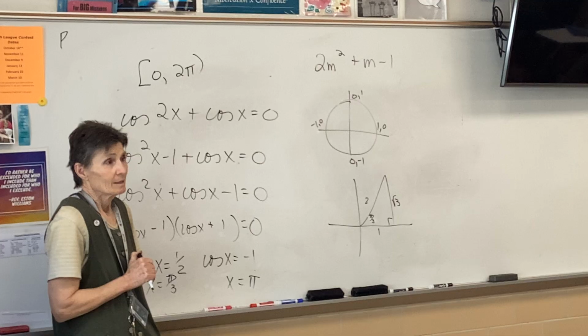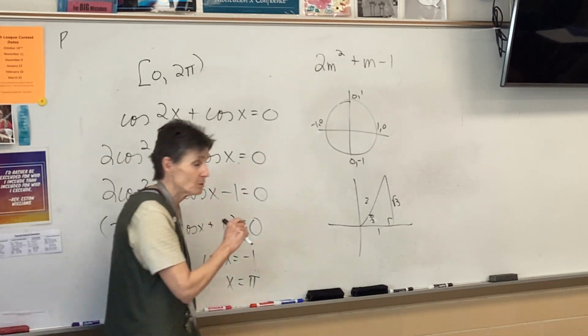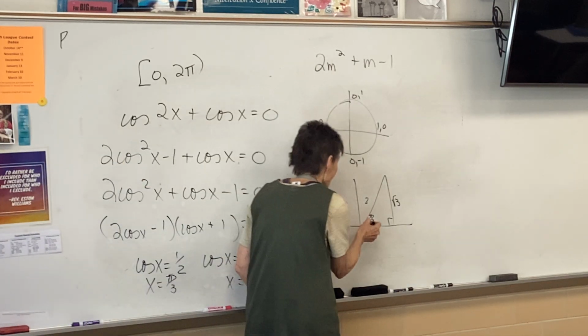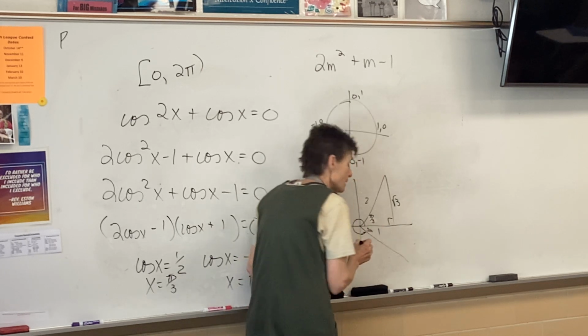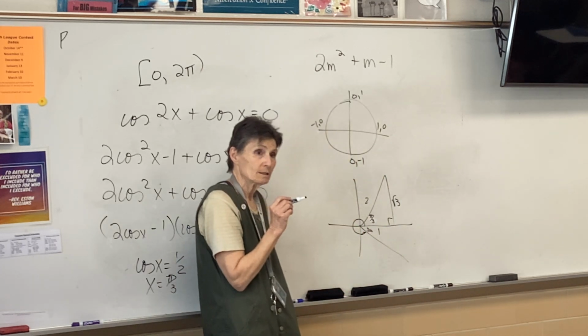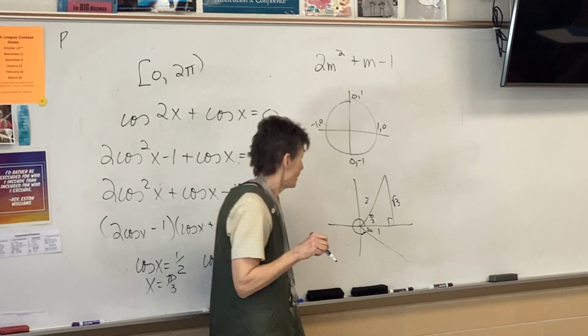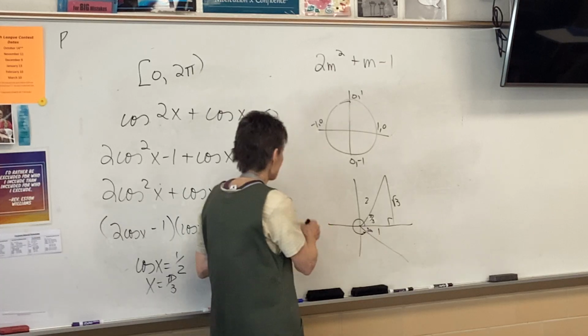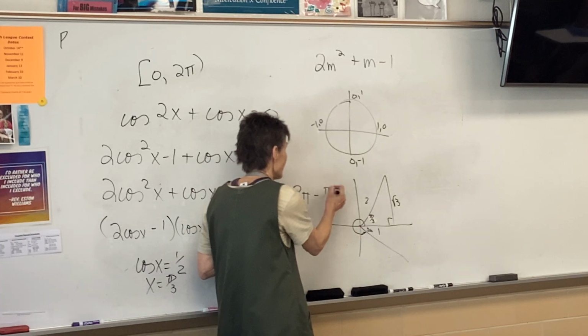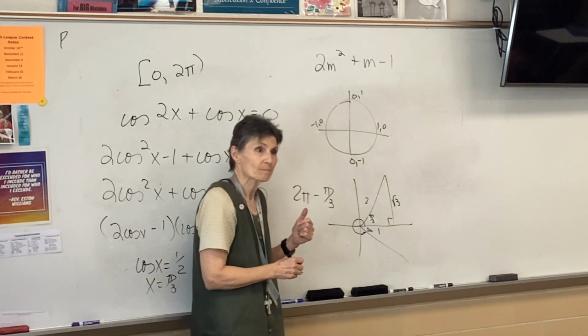You like looking at 300? And 300 would be the other one. Now, when you got 300, you took 360 minus 60. If I'm in radians, I'm going to take 2 pi minus pi over 3.